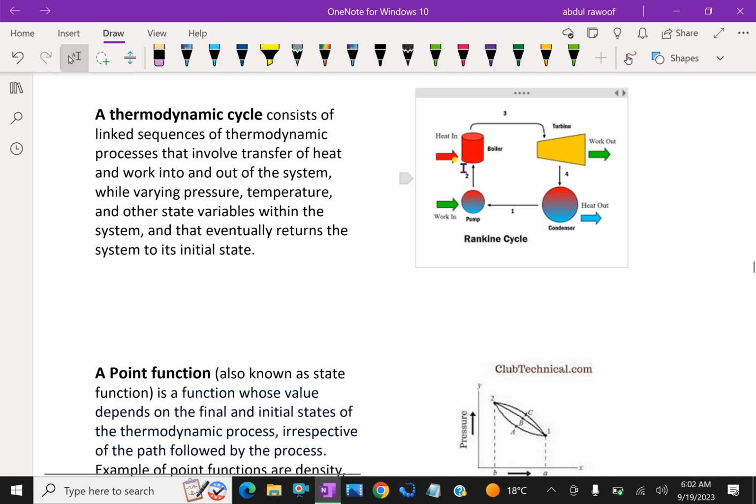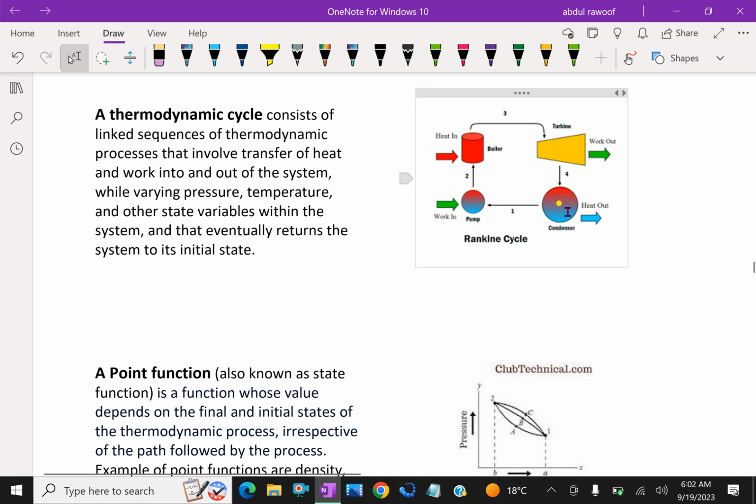Look here: boiler, condenser, turbine, pump. What does that mean? The boiler supplies heat to the turbine and work is done by the turbine, and the excess heat goes to the condenser and is rejected through the condenser.